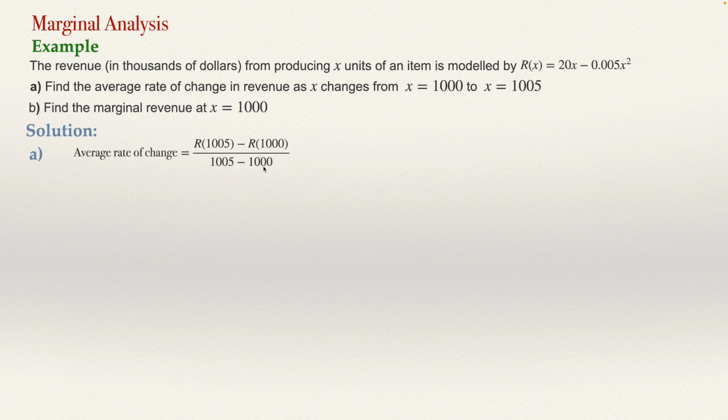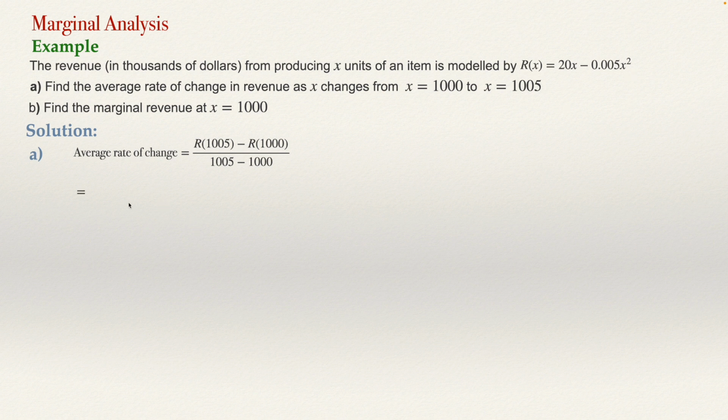So there was a change of 5 units in the number of units produced. The revenue at 1005 will be just substituting the value of x by 1005. And here the revenue at 1000 will be the value of the revenue when the value of x is 1000.